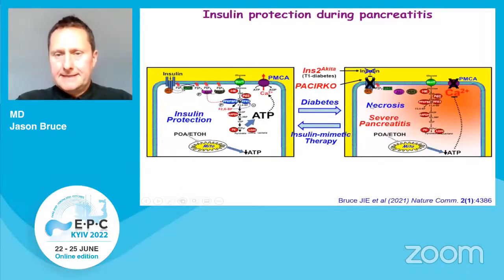During diabetes, this protection is effectively abolished, leading to both ATP depletion, calcium overload, and necrotic cell death, and presumably a much more severe acute pancreatitis. And what it does is open up the possibility that insulin mimetics that mimic this molecular mechanism might be a potential therapy moving forward for acute pancreatitis.